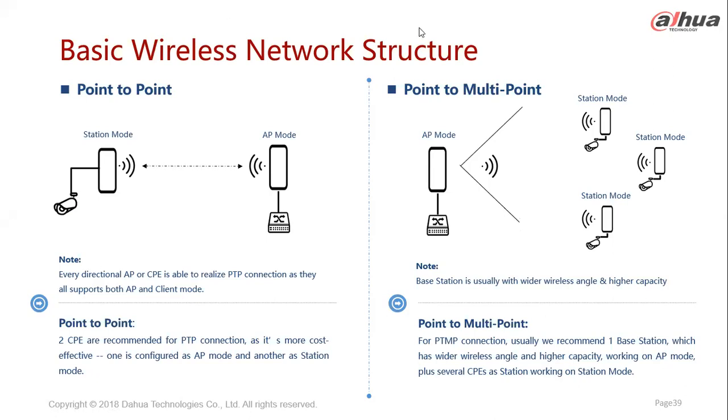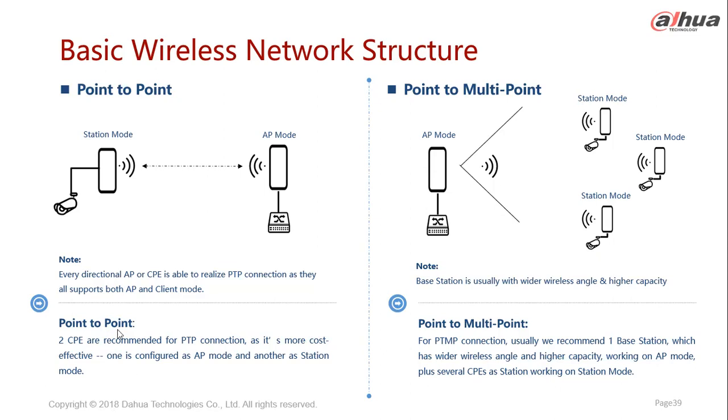The basic structure for wireless configuration is that you can have one wireless device connecting to one wireless device, or one wireless device connecting to multiple devices. For PMP, point to multipoint cases, you can have different sites connecting to one central point for communication.